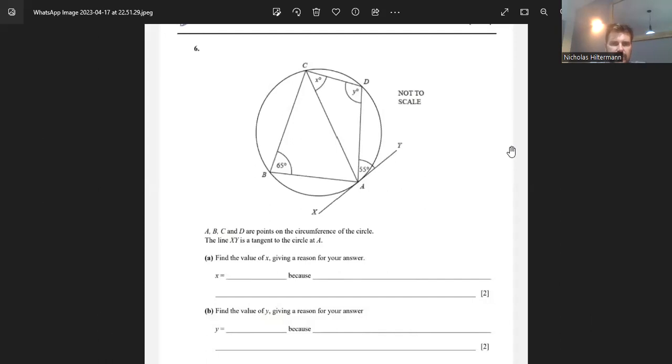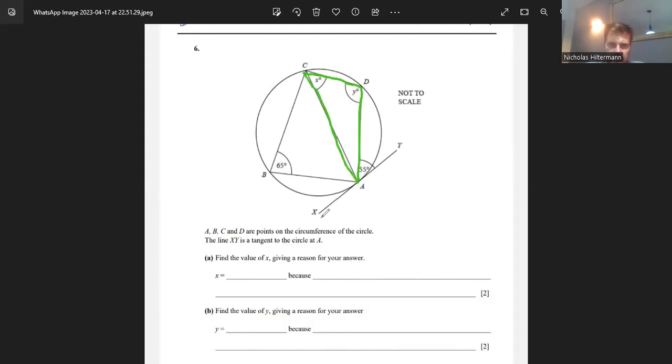Okay, so here we've got sailboats and all sorts of things. So here's a tangent. And so we know x is 55 degrees because of our sailboat theorem. So we have a sailboat.